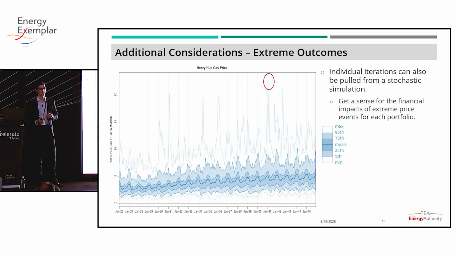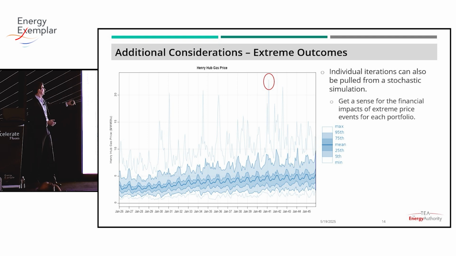A question we often come across is, well, this particular resource mix looks good on an expected basis, but what would happen if we had another Winter Storm Uri type event, for example? And so running these stochastics allows us to identify, do we have an iteration here where an extreme outcome occurs as far as pricing, and we can pull those iterations for each of the optimized portfolios, and determine if one portfolio performed better than the others financially.